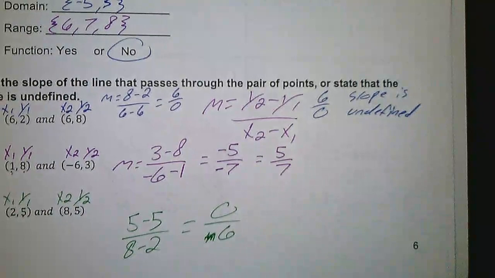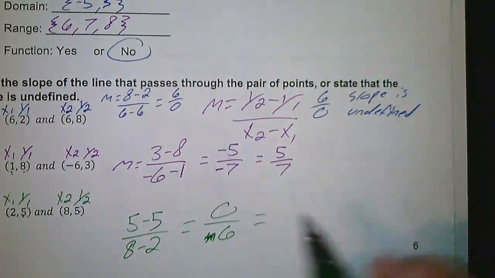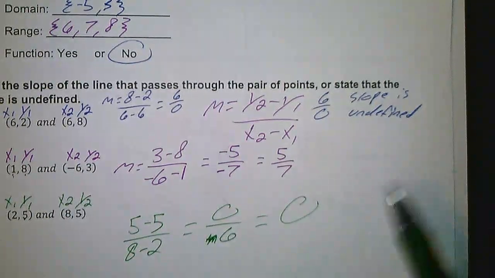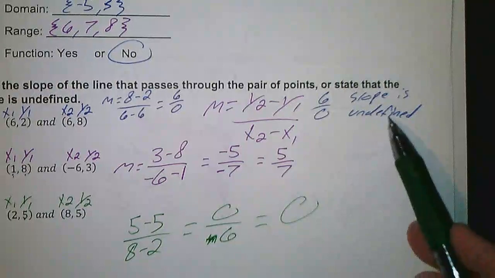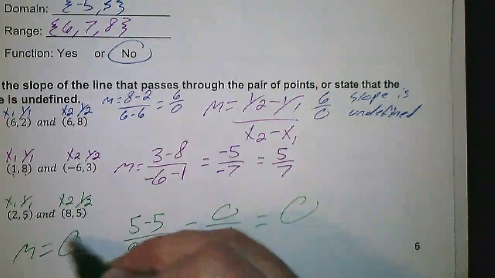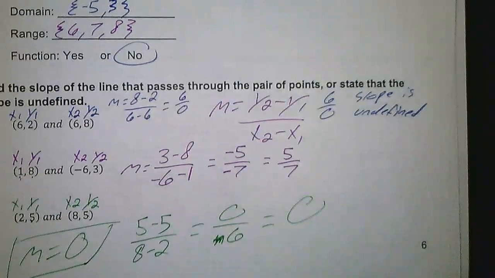But it doesn't matter what's in the denominator, because 0 divided by anything is 0. So don't confuse undefined and 0. Here the slope you would enter is 0.